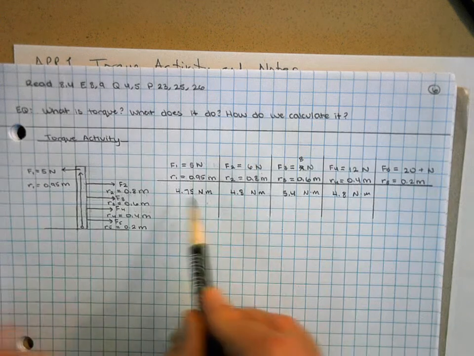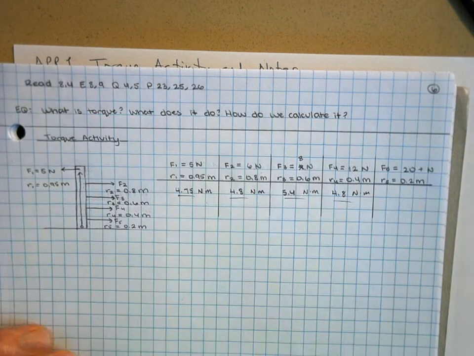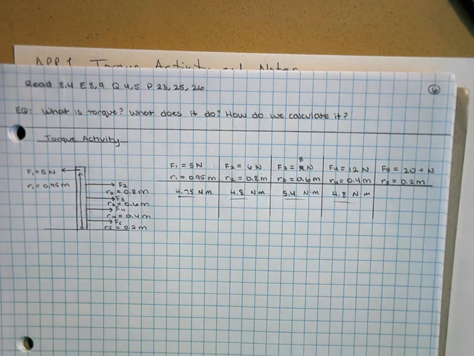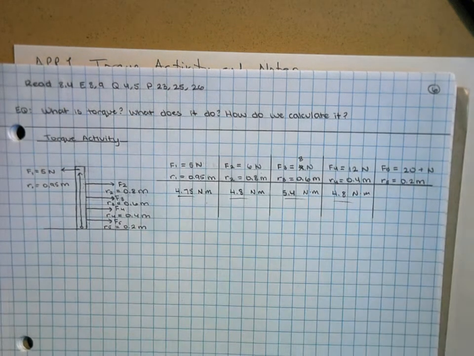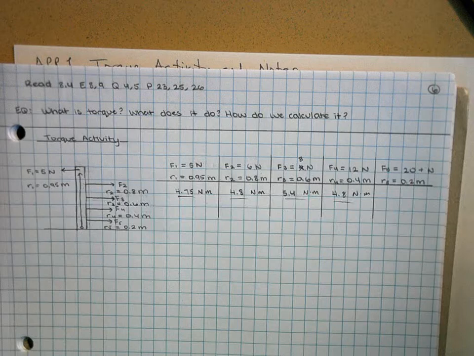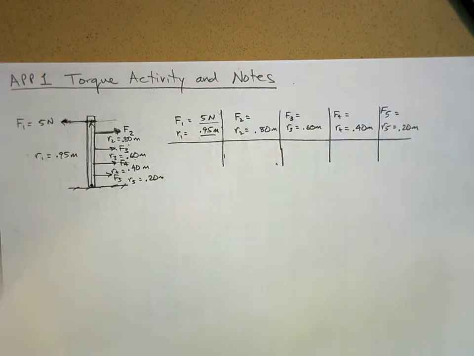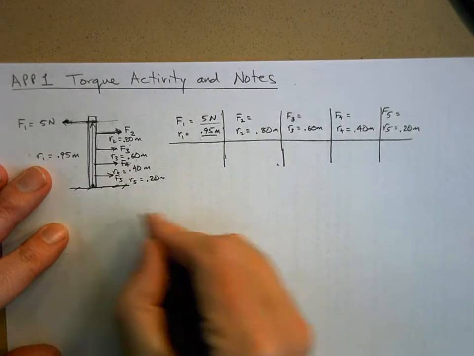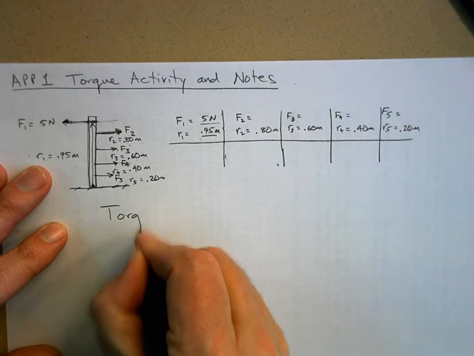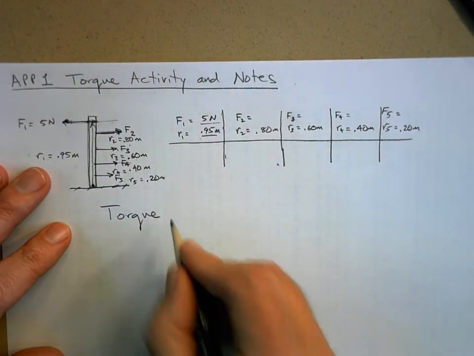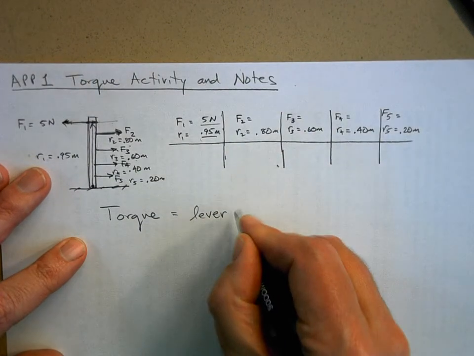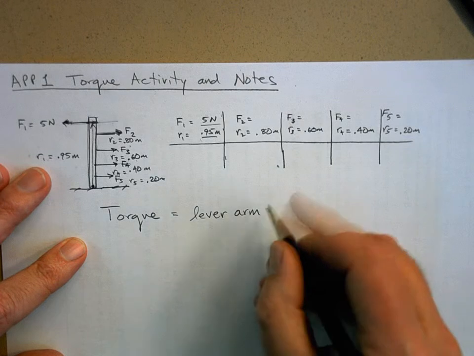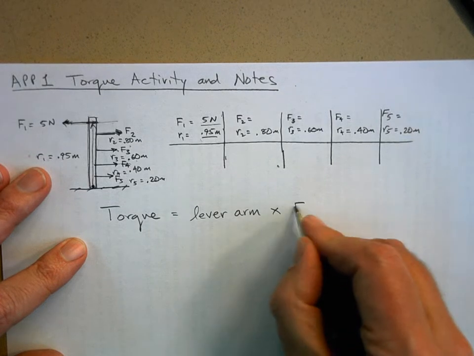But notice that these numbers are all very much the same when you multiply them together, because that is torque. The way we calculate torque, and you can come get your notebook, this is very good: torque is equal to the lever arm times the force.